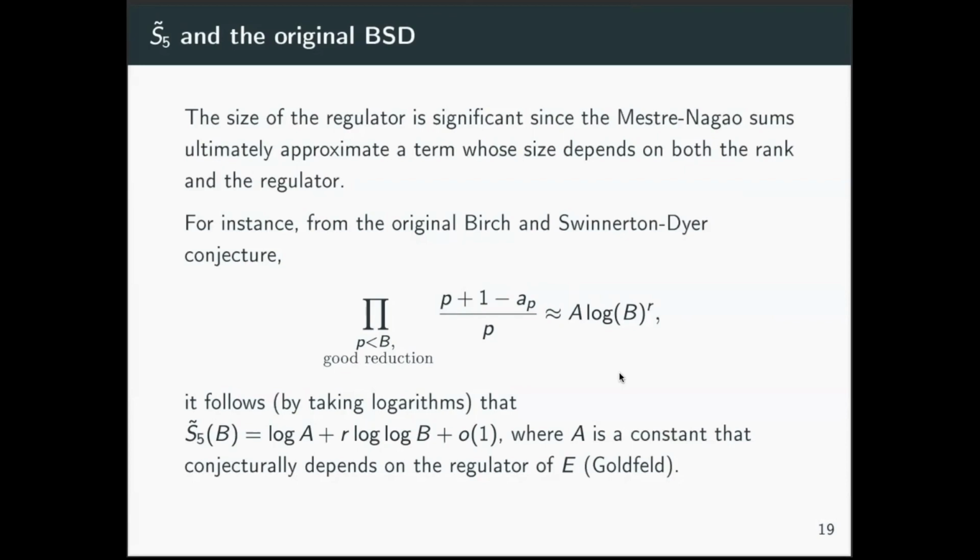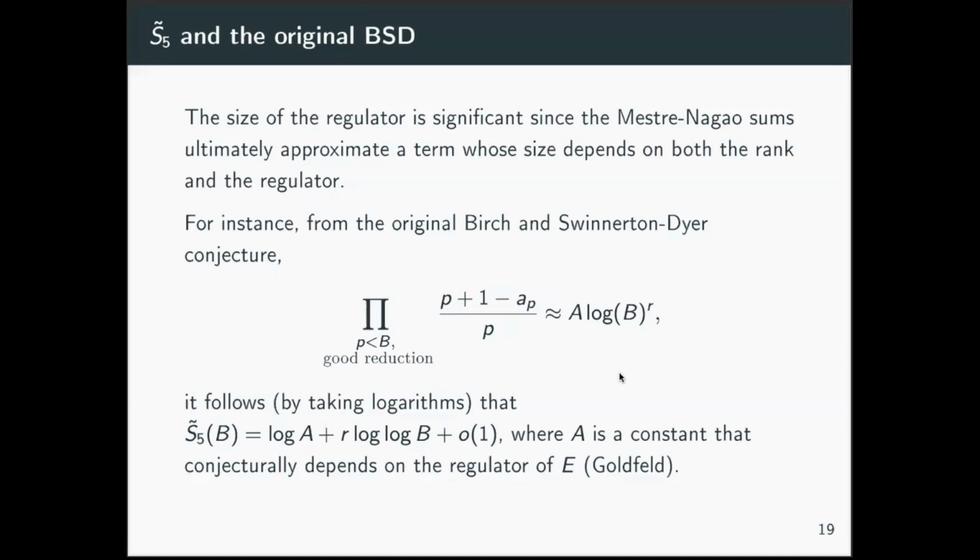So what a Mestre-Nagao sum is really doing is recognizing if this leading term is large, and it may be large if this constant A is large, and it is known that this constant depends on the regulator. So in a certain way, this will affect the performance of the Mestre-Nagao sums.